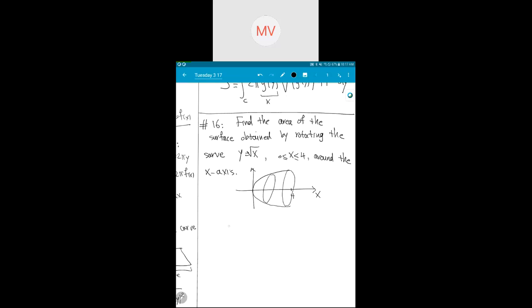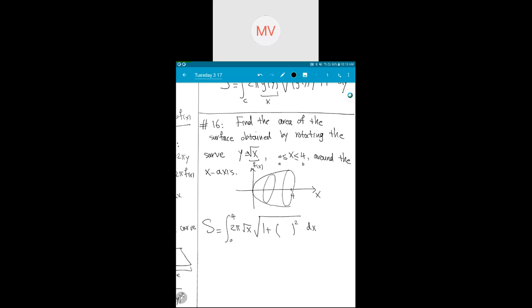All right. So since it's about the x-axis, the S formula was the integration from a to b, right? A to b, 2 pi f of x. Remember, f of x here is the equation of the function, root x, and then times the square root of 1 plus the derivative of that function squared dx.